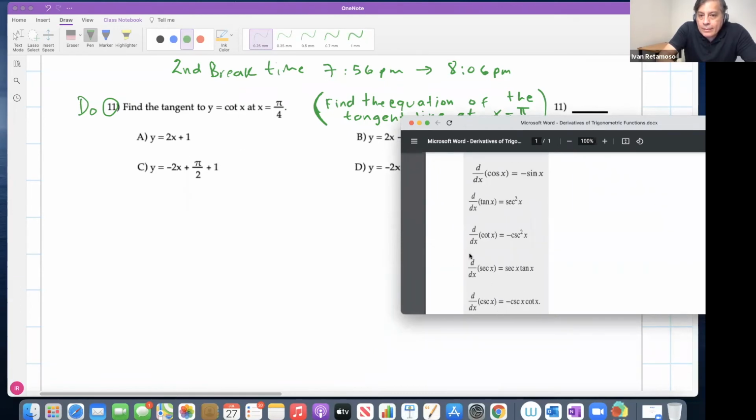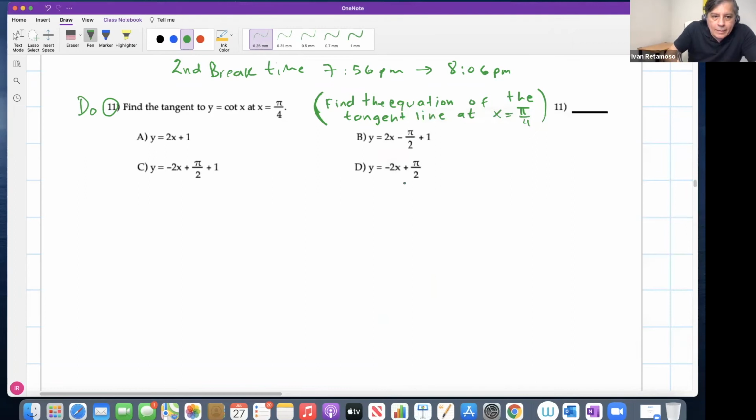I'm going to give you a hint here. Start with the derivative of cotangent of x, which we know is equal to minus cosecant squared of x. And this is going to be the slope of your tangent line.